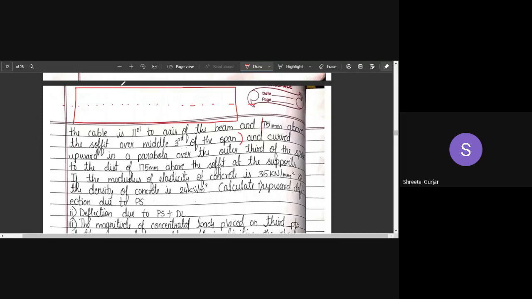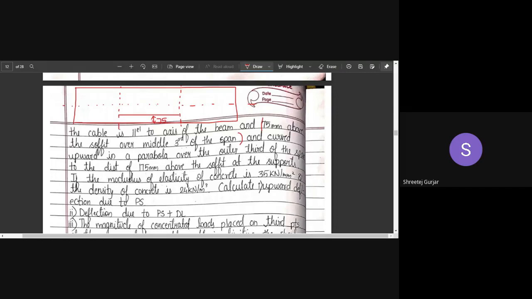So let us divide this beam into 3 parts. We have divided the beam into 3 parts. Middle third means this central part. It is 75 mm from the soffit, so I have drawn it parallel to the centroidal axis of the beam, and this is 75. And it is curved upward in a parabola.